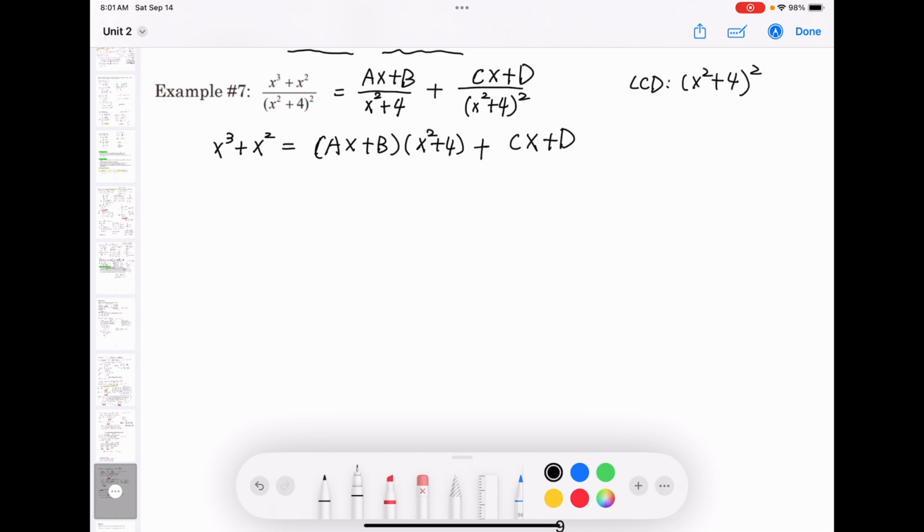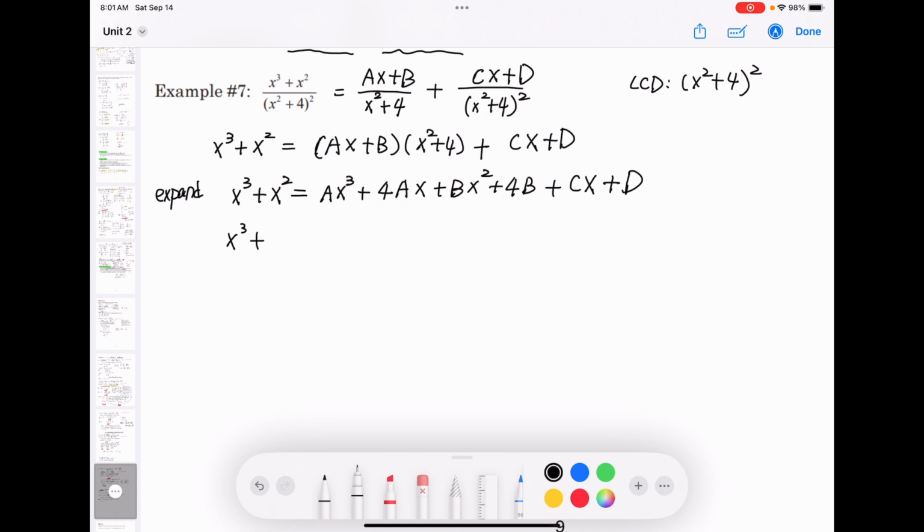So we should expand our right-hand side. We have x cubed plus x squared, and we FOIL the right-hand side, the two parentheses. We are going to have ax cubed plus 4ax plus bx squared plus 4b plus cx plus d. Let's combine like terms on our right-hand side.